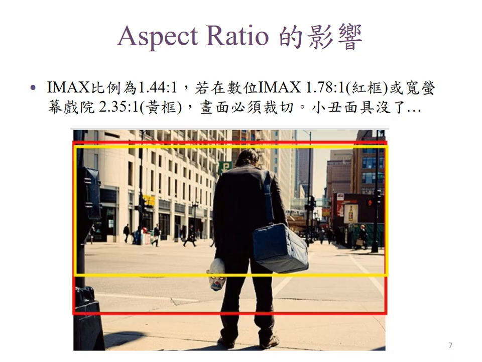Then for the aspect ratio, we know the film of IMAX is 1.44 to 1. But if the aspect ratio of the screen does not fit this aspect ratio, then you may be missing something in the original film. For example, with digital IMAX, the aspect ratio is 1.38 to 1, indicated by this red rectangle, or other ratios by these yellow rectangles.